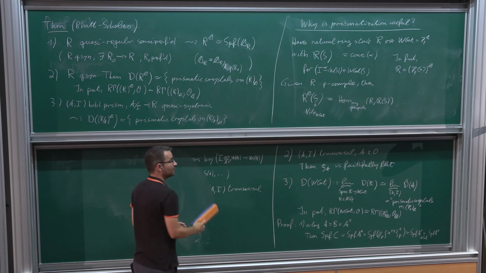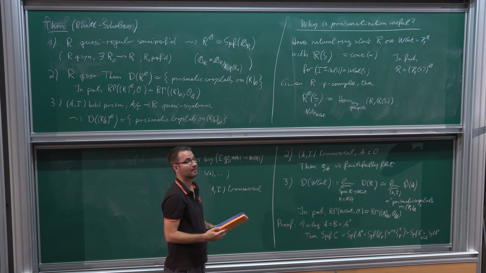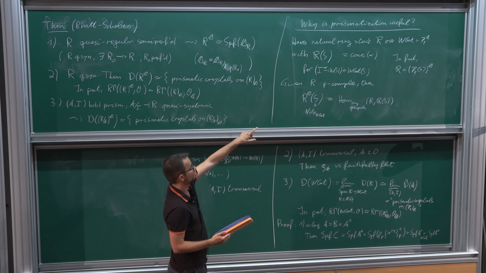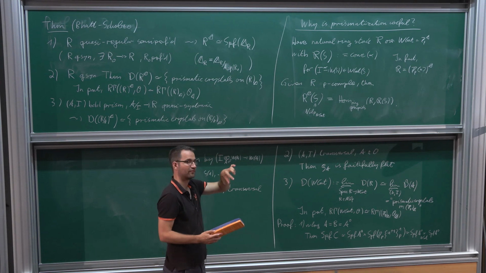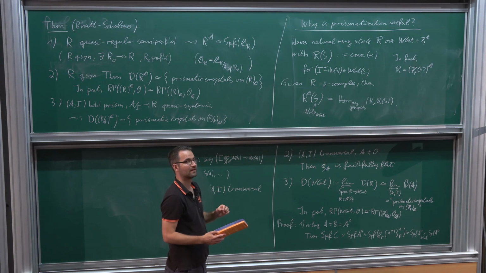Can you have a ring stack which is not a stack in groupoids? When you define a ring stack, can you define it without requiring that it is a stack of groupoids? No, but this R is a stack for the fpqc topology. No, but does the notion of a ring stack make sense without assuming it's a stack in groupoids?